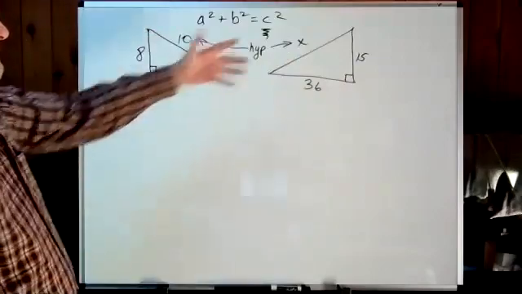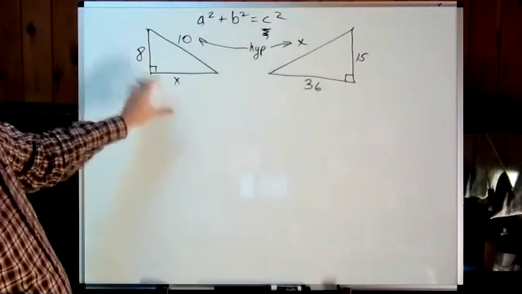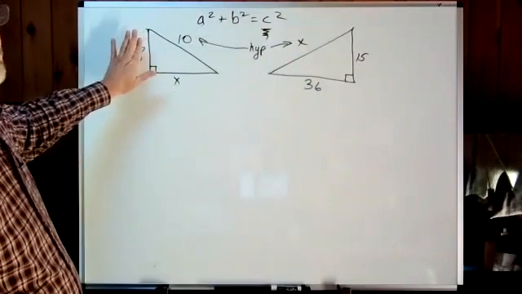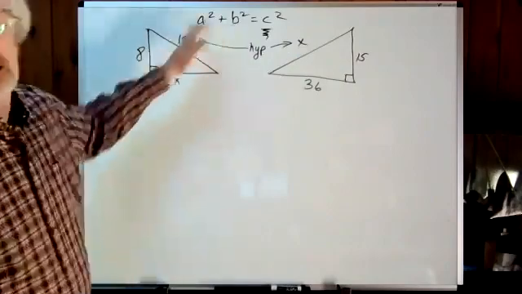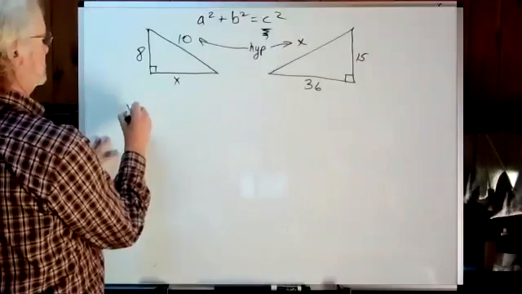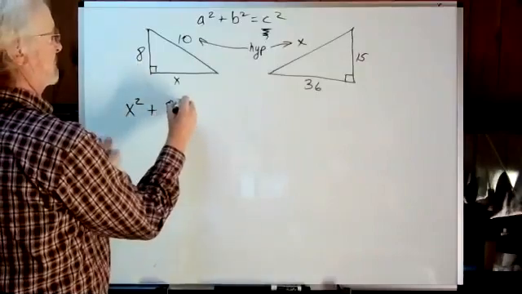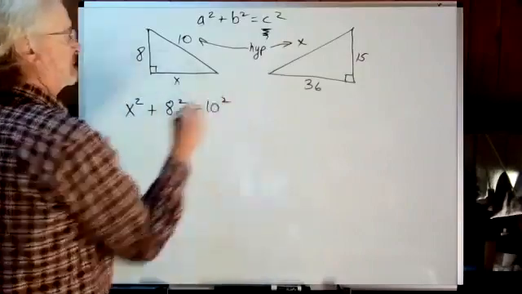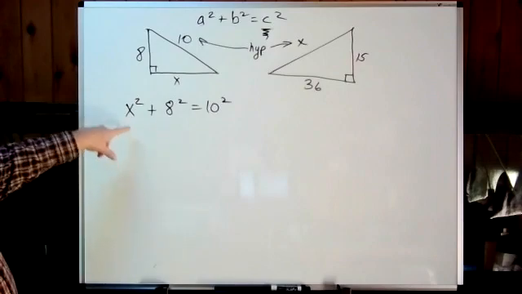So we're looking for the missing side length. In this case, I'm looking for one of the legs, one of the two sides that makes up the right angle. So that's either the A or the B that we're looking for. It doesn't matter. Here's the other. Eventually, you'll have to do a square root.